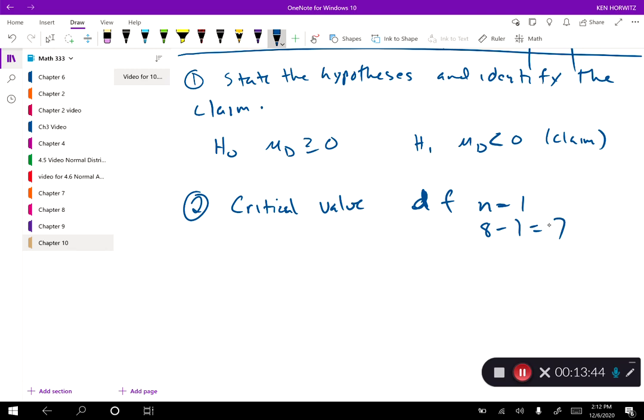And we need degrees of freedom for our t-chart. We also know it's a left-tailed test, and alpha equals 0.05. So why don't you pause the video right now, go to your chart, and let's see if you can get the right critical value.